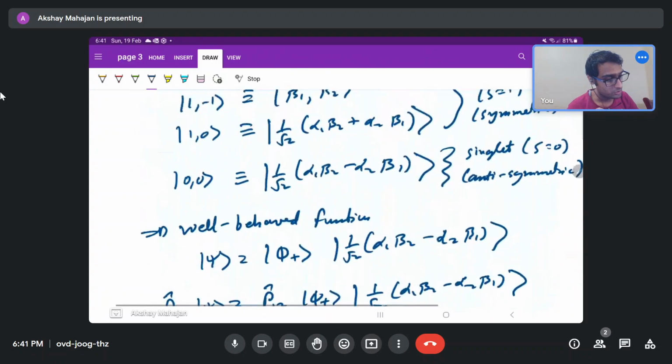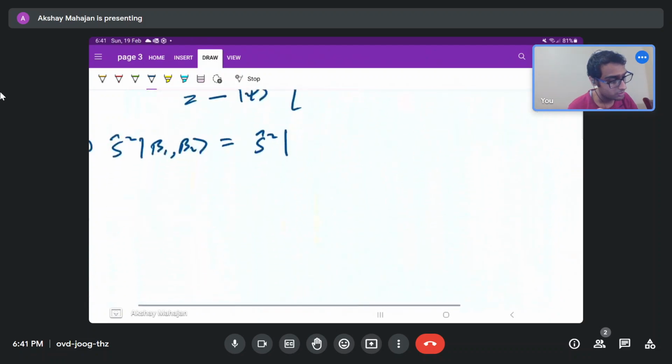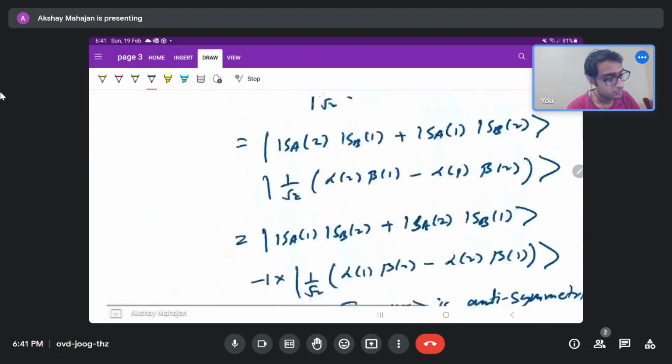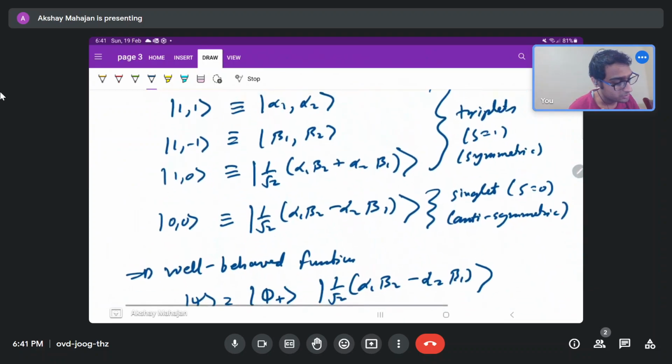You just have to check that beta 1 beta 2 represents S equals 1 and M_S equals minus 1. That is what beta 1 and beta 2 represent.